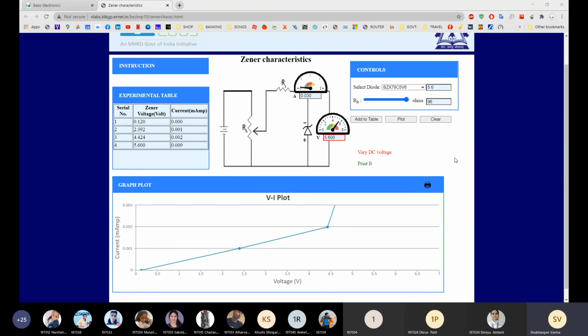The formula is VLH minus VLL upon V normal. Line regulation and load regulation are always given in percentage, so into 100 should be there. And load regulation means the output current should remain constant irrespective of change in load.